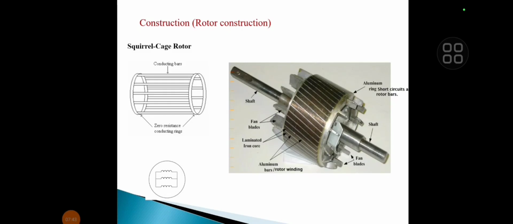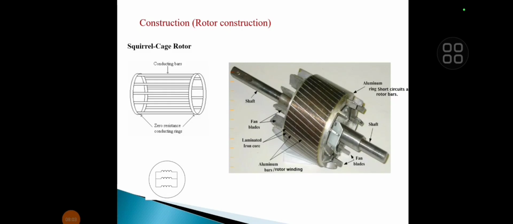In the squirrel cage rotor, the construction is silicon steel stampings, and on the outer periphery of the stampings, holes are provided. Okay, and in those holes, copper or aluminum bars are inserted.